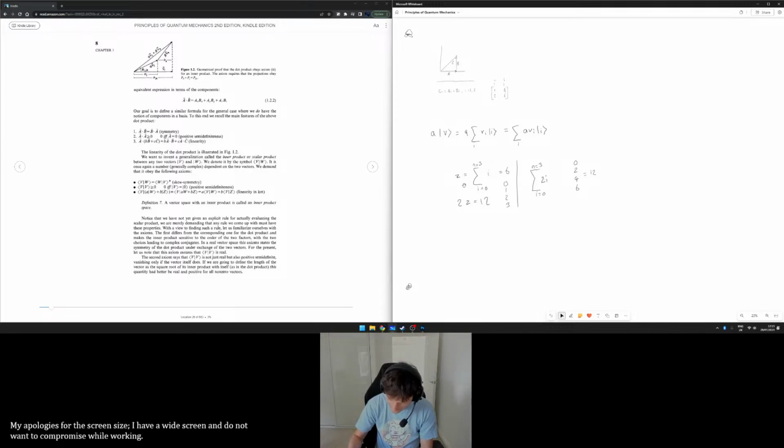So it's saying that A dot product with B vector plus some scalar coefficient times C vector is equal to A dot product of B vector plus some scalar coefficient times A dot product of C.